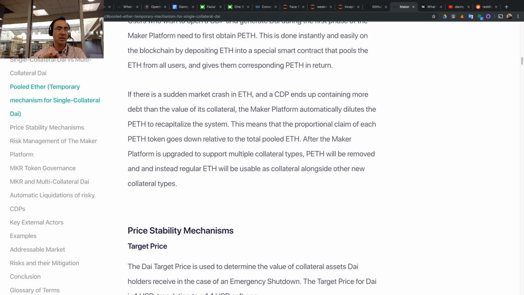So your ETH is now only worth like 10 US dollars. From 100 it's worth only 10 US dollars. And from that 100 US dollars of ETH, you got a loan of 50 US dollars, right?